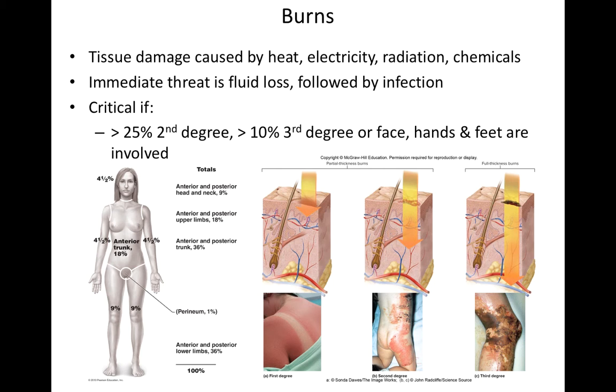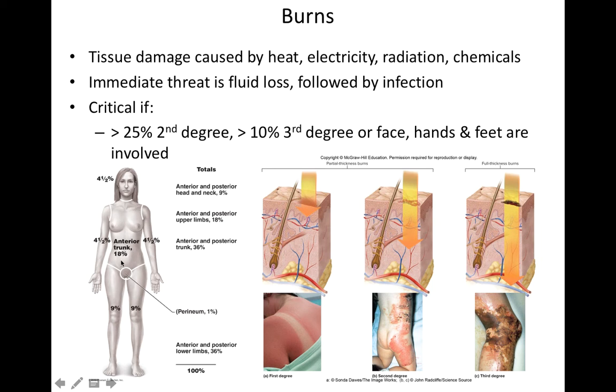Basically, the entire body is going to be divided into something that is divisible or is a multiplier by 9. So your whole head and neck is 9%, 4.5 for front, 4.5 for back. Each arm is 9%, anterior, posterior, 4.5.